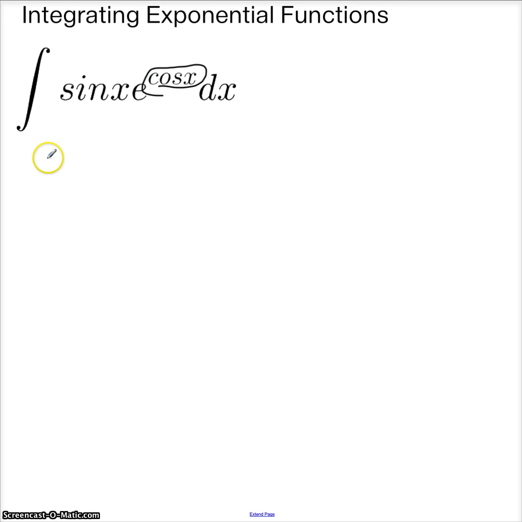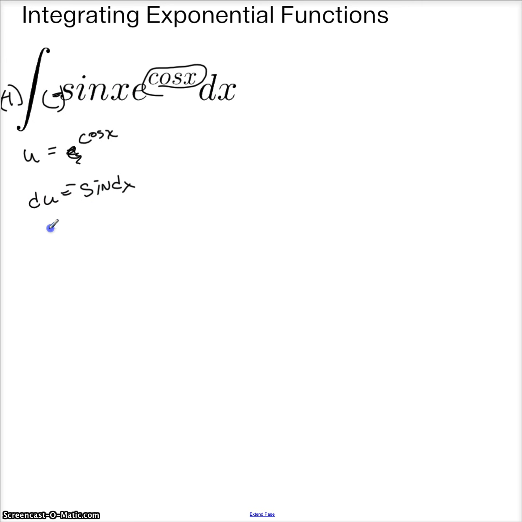Now, again, let u equal whatever your exponential function's exponent is. That's just the first thing to try. Let u equal cosine of x. Then du, the derivative of cosine, is minus sine dx. So I need a negative sign here and a negative 1 out here.